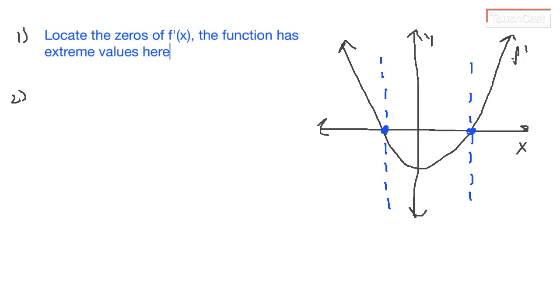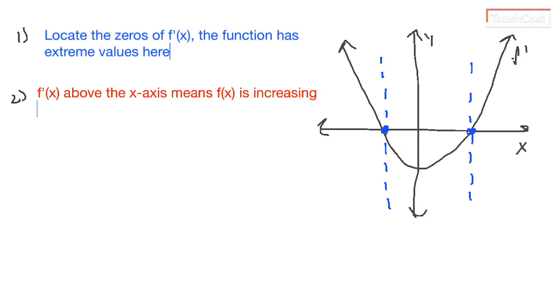The second thing we're going to look at, and I'm going to do this one in red. There's 2 cases. If that first derivative is above the x-axis, that means f of x is increasing.